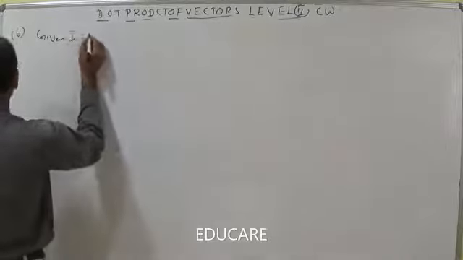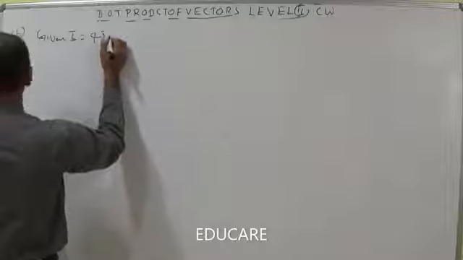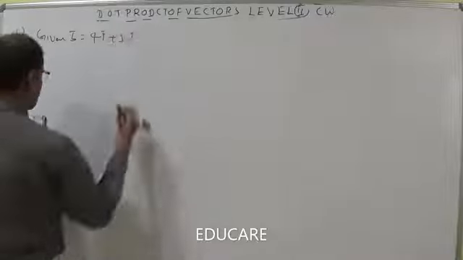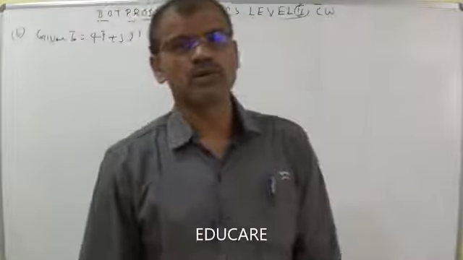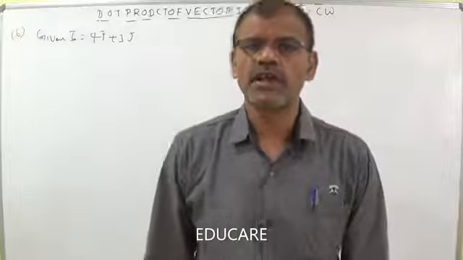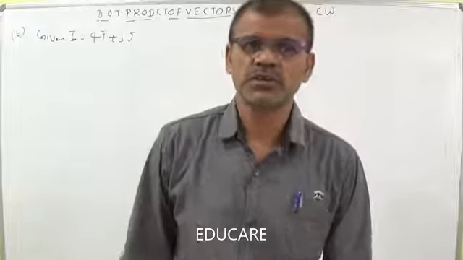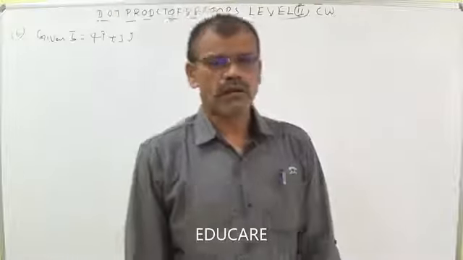given value B bar is equal to 4i + 3j. Let us think about the perpendicular equation of a line ax + by + c = 0 in geometry. ax + by + c = 0 is a line.